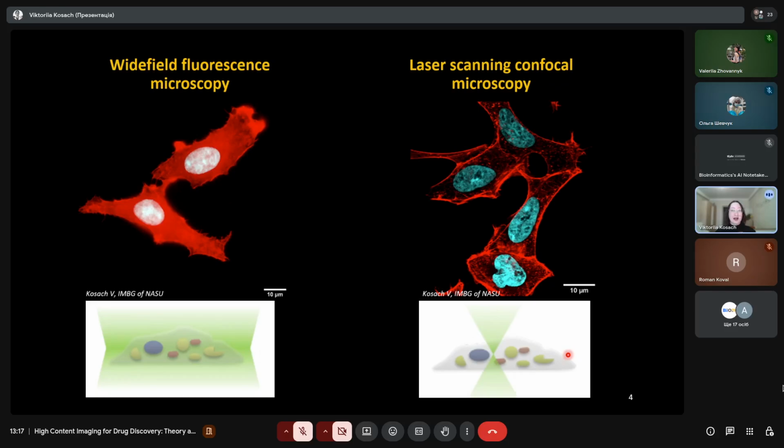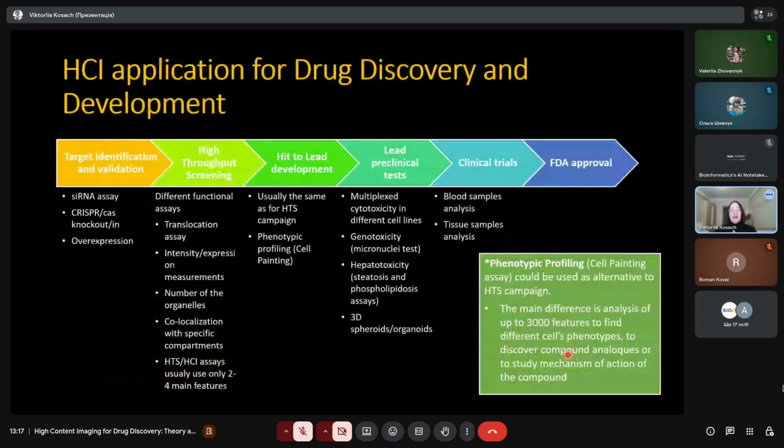Such microscopes are produced by Yokogawa, and as far as I know, one of AstraZeneca facilities operate with such double spinning disc microscopes. So as we can see, such very fast and high throughput microscopes are really nice to use in large-scale drug discovery process.